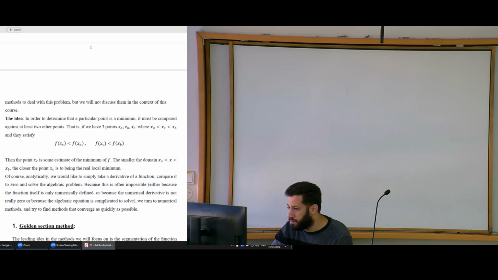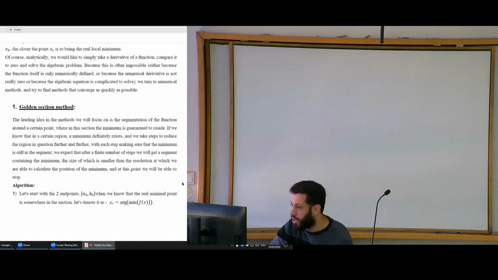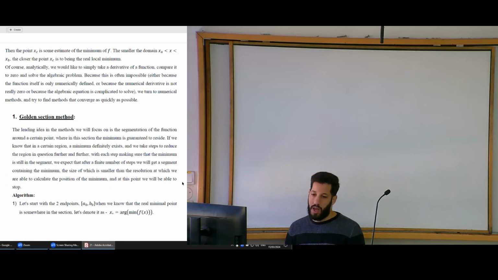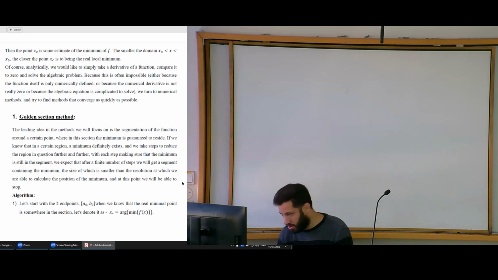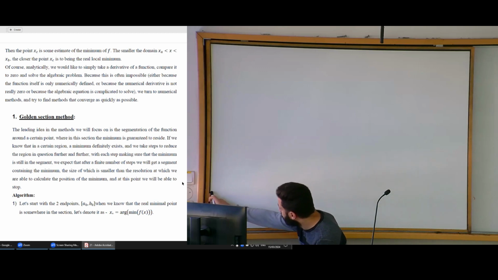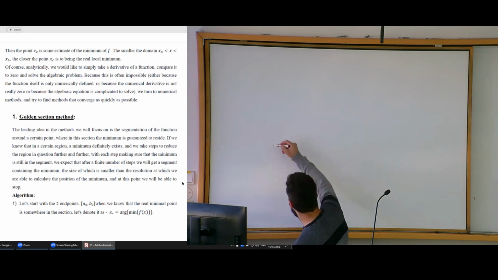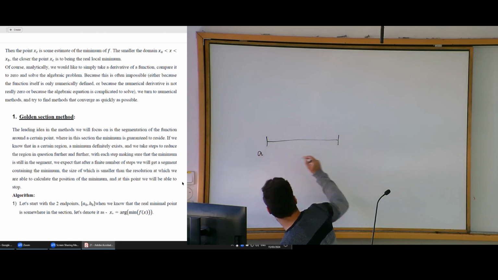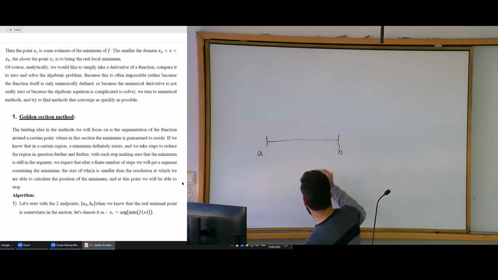So the simplest method is to start with some range AB, some section, and take a smaller section of that section and try to shrink the interval as we can. Let's think about it like this. If we have an interval A and B, we can ask about two other points.